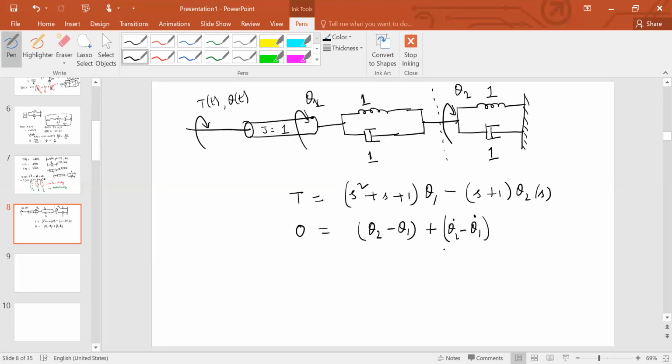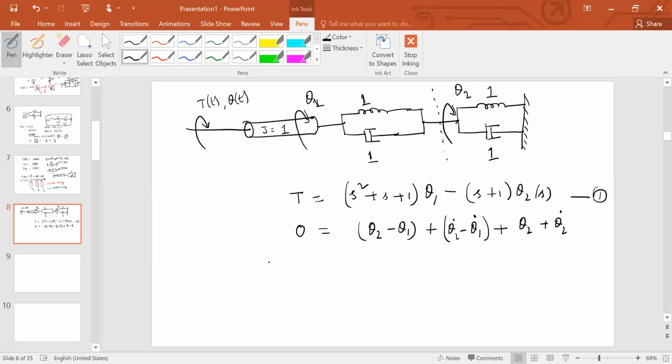In addition, there is a torsion here, but that is only of theta 2 on this spring and this dashpot. So you can write that as theta 2 plus theta 2 dot.